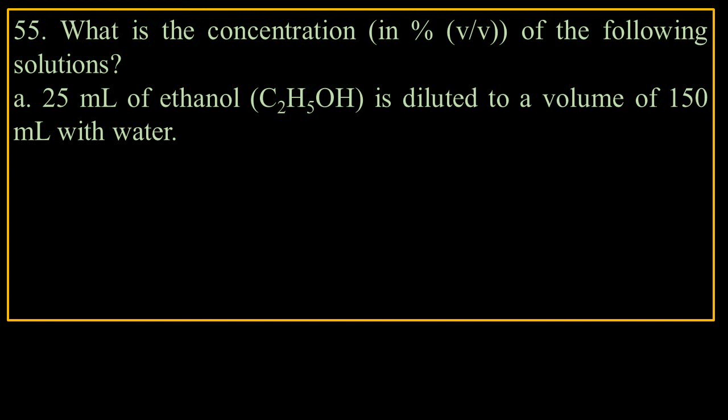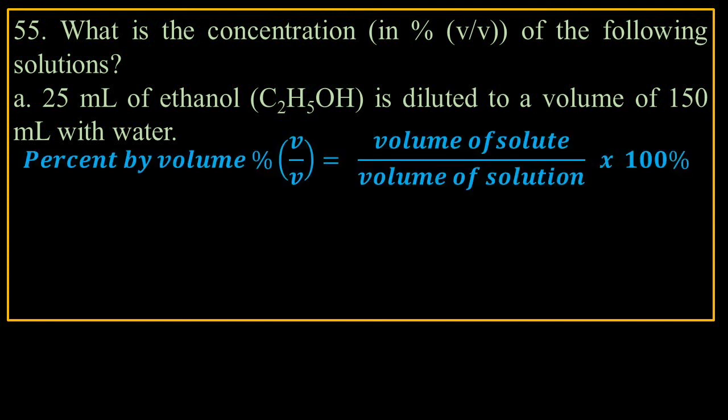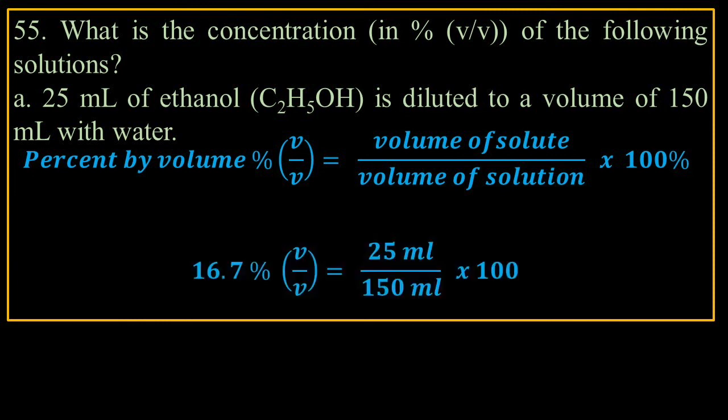And then what is the concentration per volume of the following solutions? 25 milliliters of ethanol is diluted to a volume of 150 milliliters with water. So make sure that you understand that it's 25 milliliters of ethanol divided by the volume of solution. That's the denominator, not the volume of solvent.